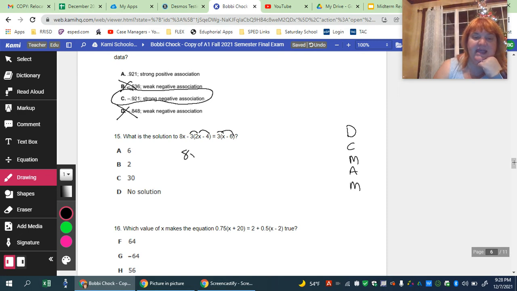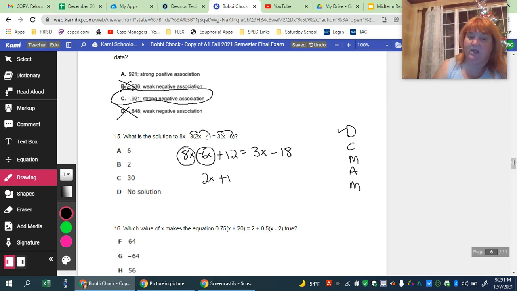So we have 8x minus 6x plus, because a negative and a negative is plus 12, equals 3x minus 18. Okay, so we did this. Distribute. Combine like terms. Well, I can combine this and this. That's just going to be 2x plus 12 equals, there's nothing to combine on this side.